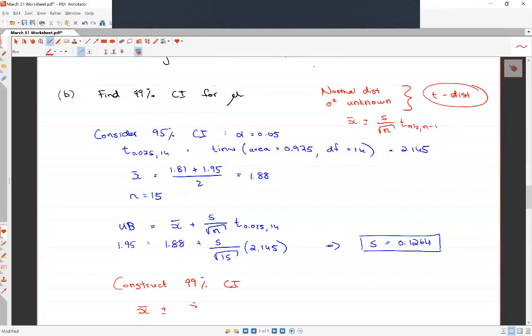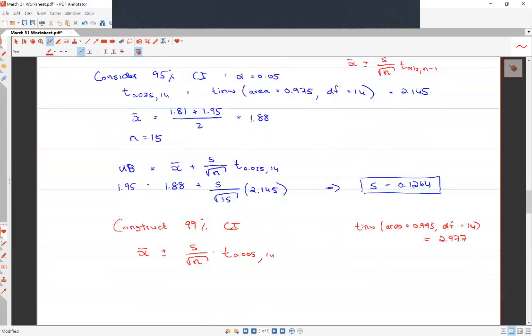X bar plus or minus S over square root of n times, now we would need t of 0.005 and 14 degrees of freedom. So here you would use t inverse, area equal to 0.995 and degrees of freedom equal to 14. And this gives us 2.977.